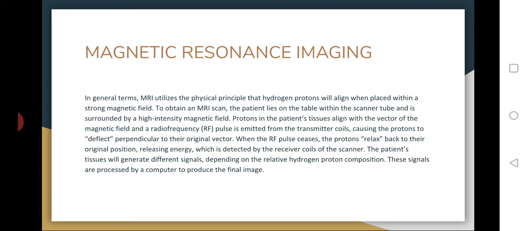But we have radio waves, not ultrasound, not X-rays, a different type of rays. Not critically important to know how they are called. But it is very important to know that this is also a very safe method. These radio waves and magnetic fields are generally considered to be very safe. Sometimes it's even done for pregnant women.